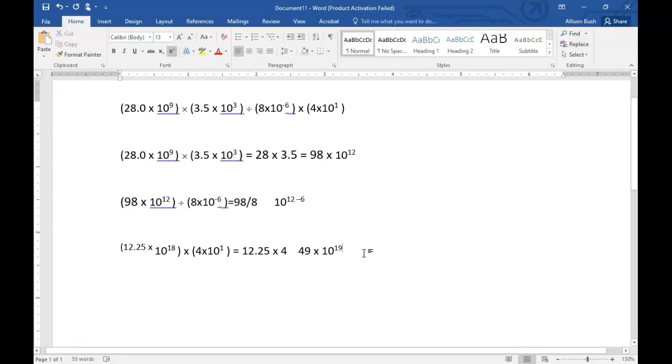Is that scientific or engineering notation? It's neither. Why? Scientific notation, what should I have in front? How many numbers should be in front of my decimal? Should only be one. So if I was to do scientific notation for this, it should be what?